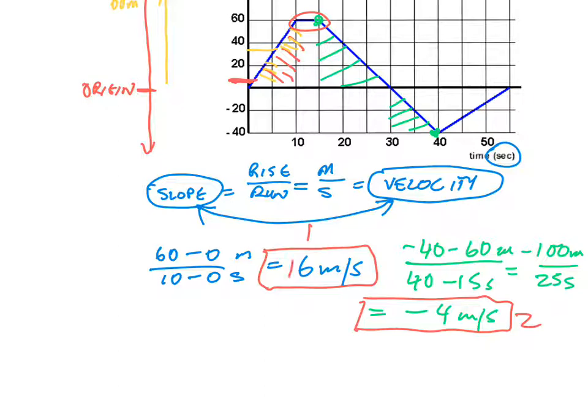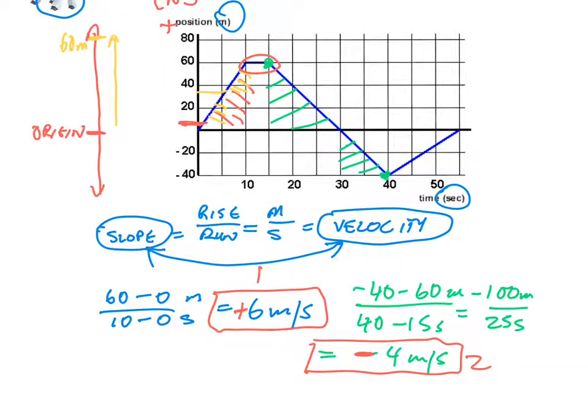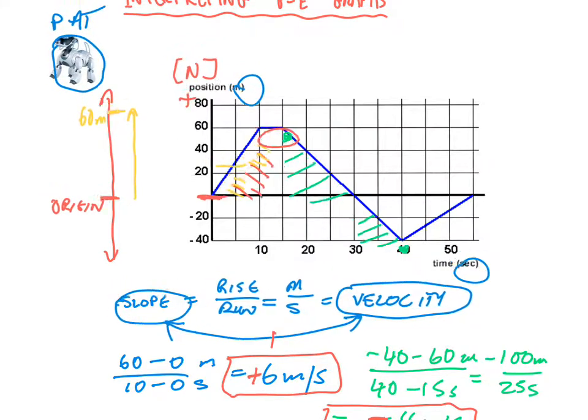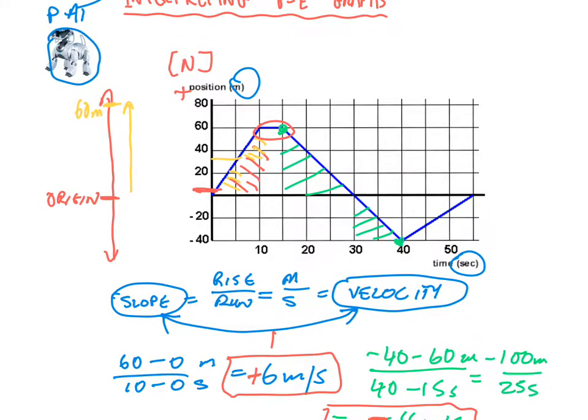Also, in the first part, the velocity is in the positive direction, and in the second part, it's in the negative direction. In other words, this object, in this case Pat, the robo-dog, is moving in the opposite direction for the third part as it is in the first part. And of course, we could continue on and look at the third part, and calculate the slope for the third part and find out what's happening there.